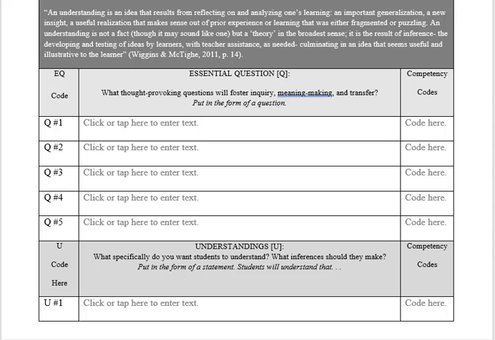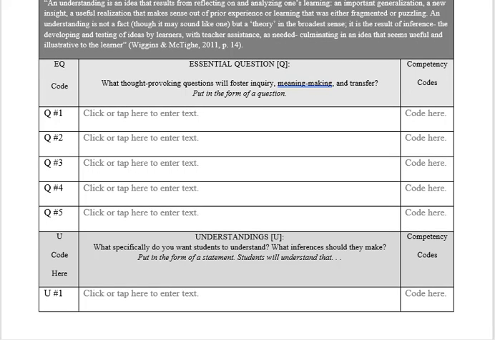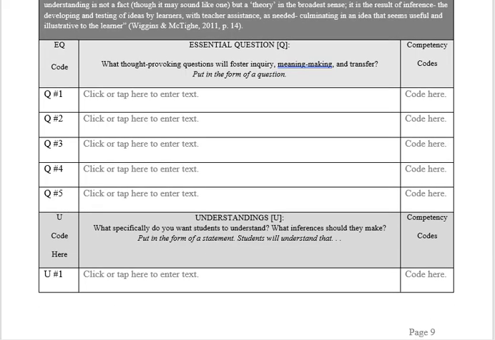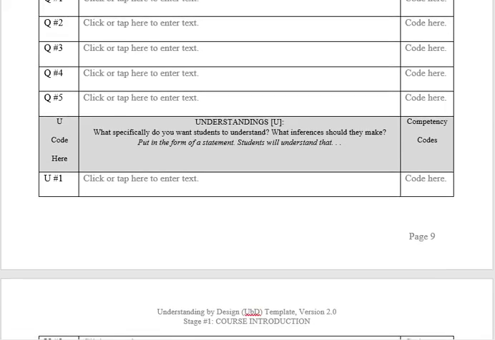These are not black and white, yes or no, concrete answers. Remember, these are thought-provoking. They should encourage discussion. So you're going to list those essential questions there, and then you're going to remember to enter the corresponding competency code to that essential question.